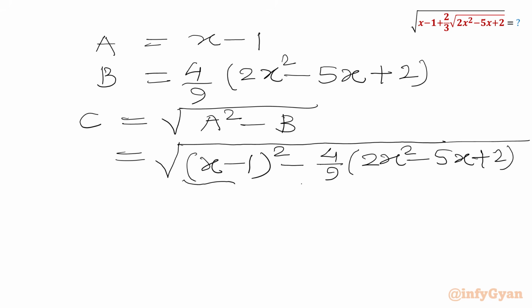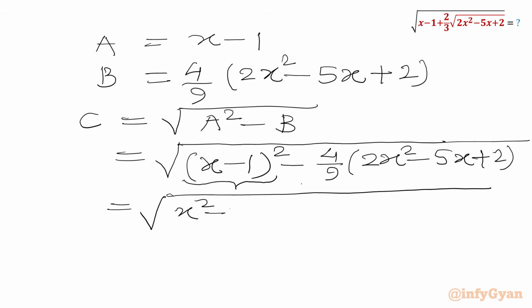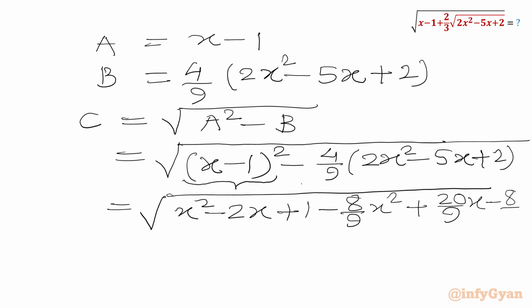Now we have to use expansion here and we will write square root of x square minus 2x plus 1. Then we will multiply bracket terms with minus 4 over 9. So we will get minus of 8 over 9 x square plus of 20 over 9 x minus of 8 over 9.